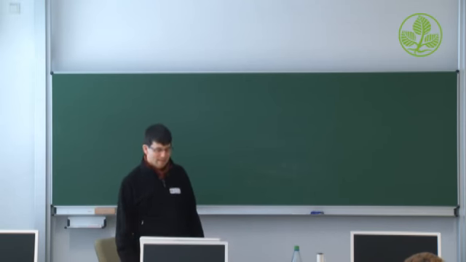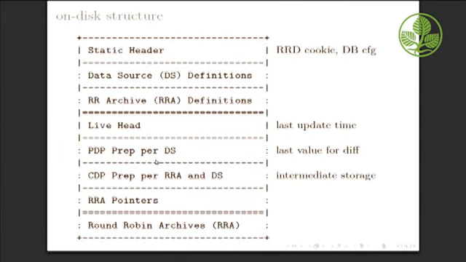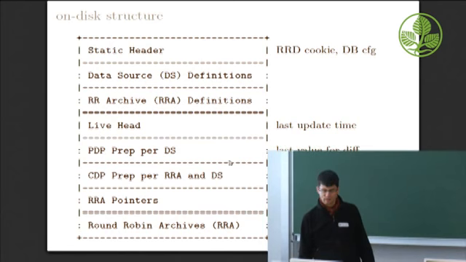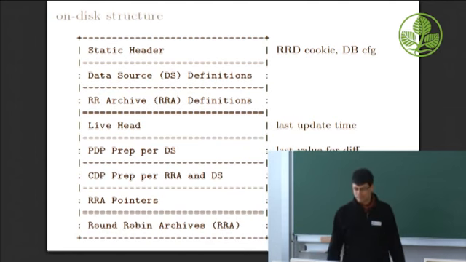Meaning that on the performance side, the blocks which have to be read from disk in order to be updated are closely together for most of the operations. So it's basically the beginning of the file which has to be touched every time. And the rest of the file only has to be touched when the round-robin archives actually get modified.